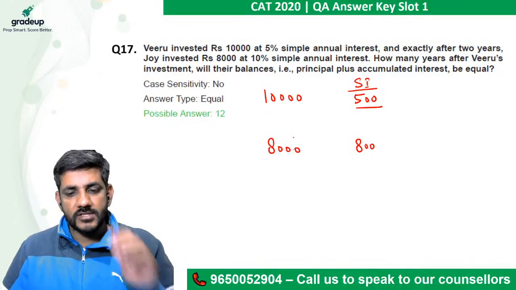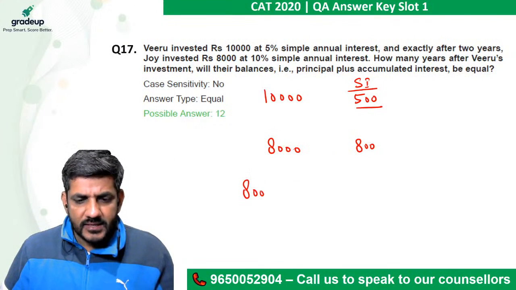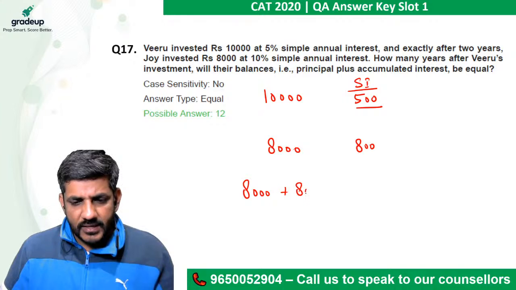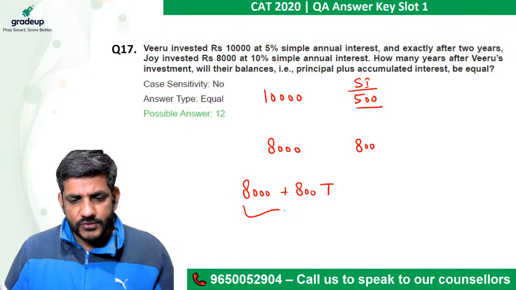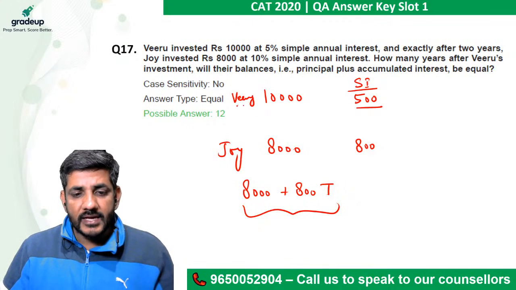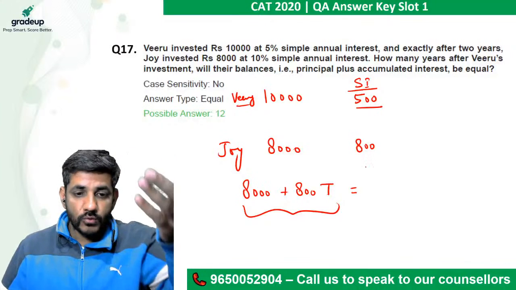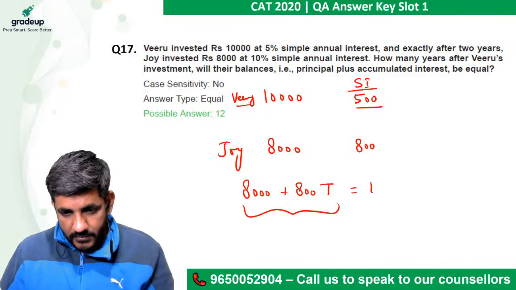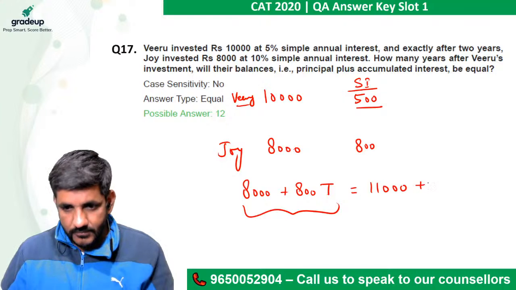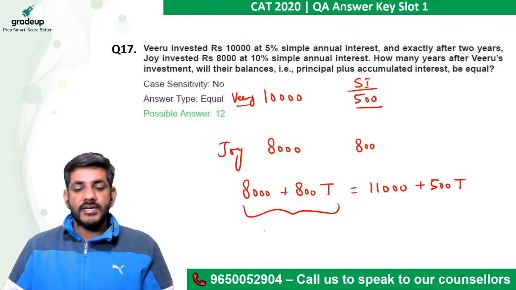Basically interest plus principal. So let us say they become equal after t years. So 8,000 plus 800 into t, this would be the total investment of Joy, right? Whereas in case of viz-a-viz, by the time Joy invested, that is after 2 years, viz-a-viz had already become 11,000. And now his investment is increasing by 500 every year.